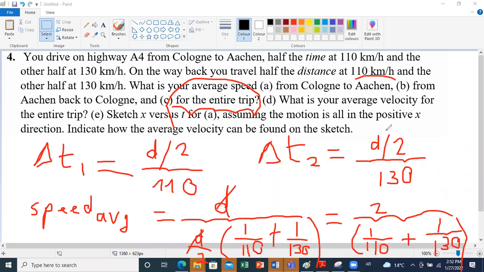So the whole trip, we just add them: going from A to B, then from B to A. Can I do the average of both, do you think?